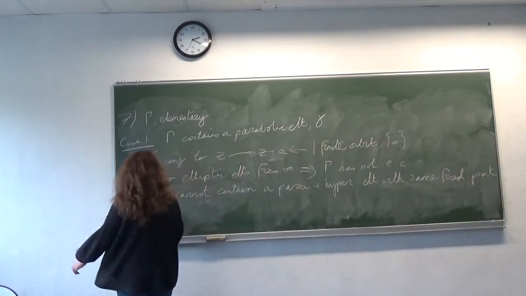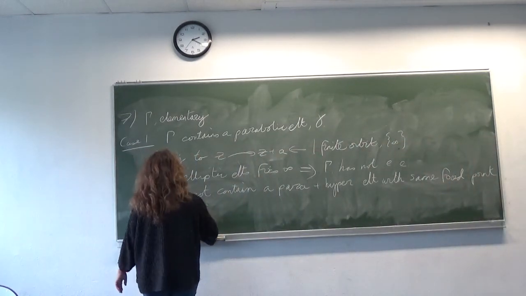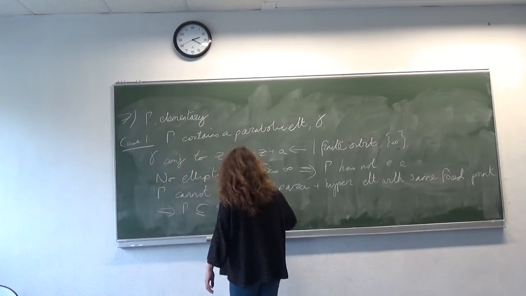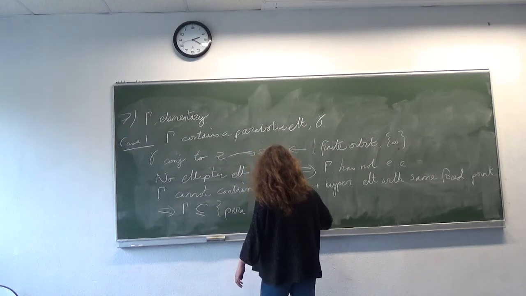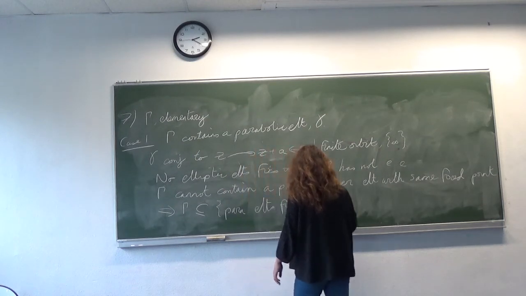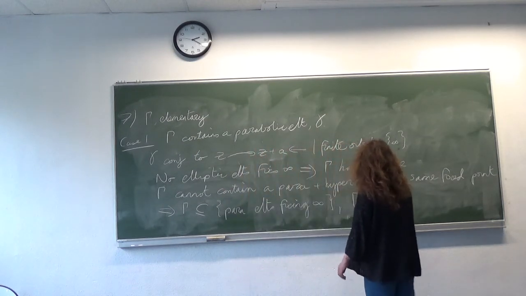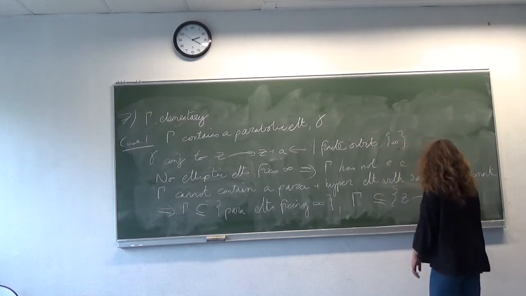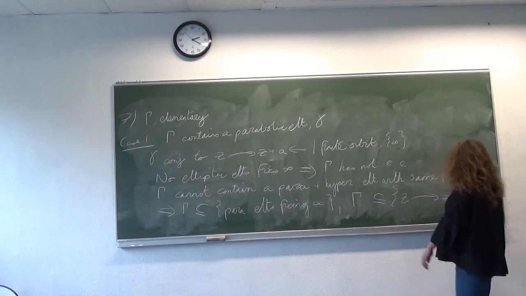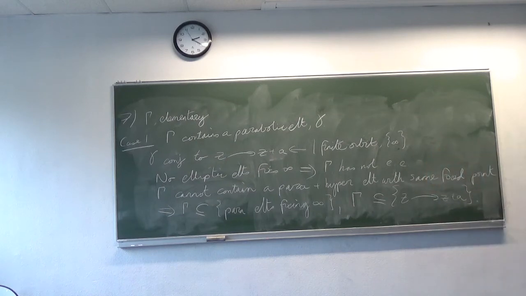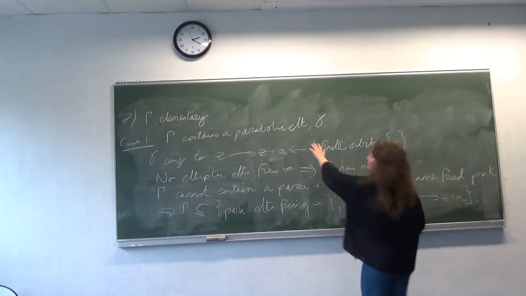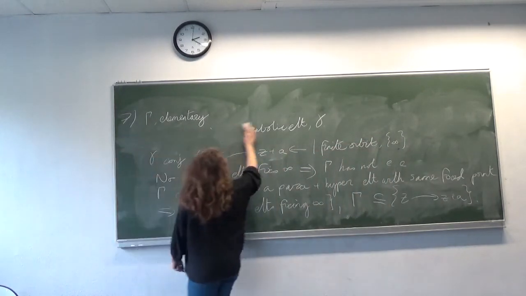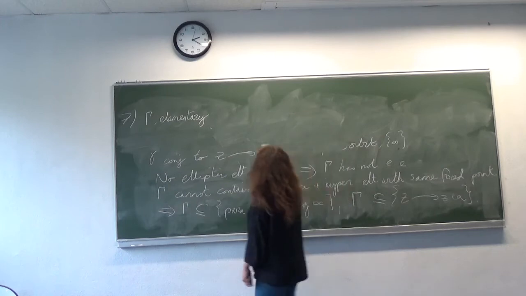So in that case, gamma is contained in the set of parabolic elements fixing infinity. So gamma is a discrete subgroup of the set of elements of the form z goes to z plus a. So we've completely understood the elementary subgroups that contain at least one parabolic element.